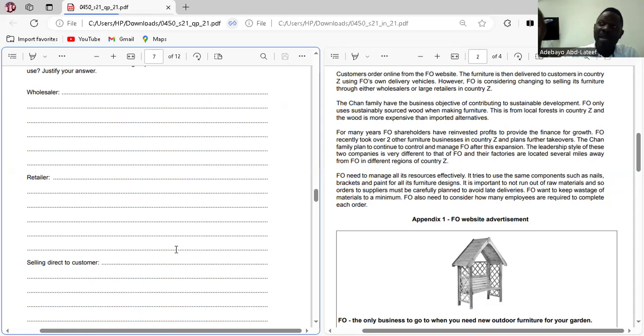Retailers buy in large quantities from the producers, but sell in bits to customers. Wholesalers buy in bulk and sell in pieces to retailers before retailers sell in bits to customers.